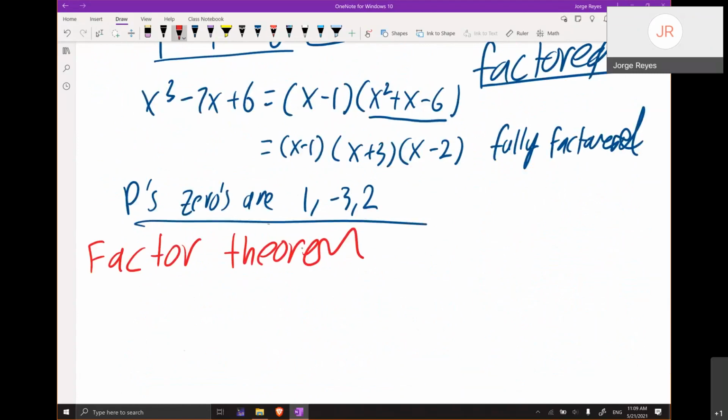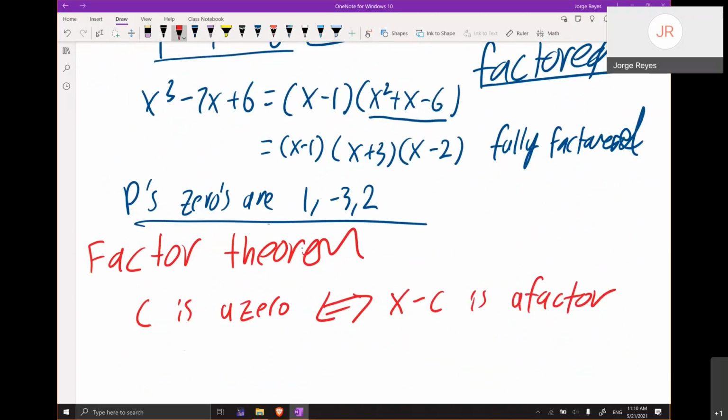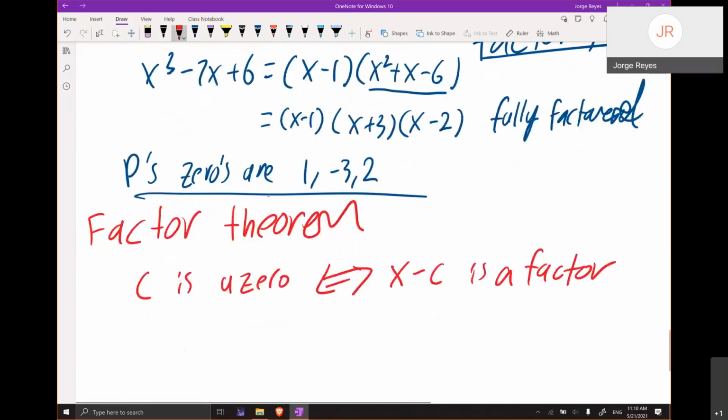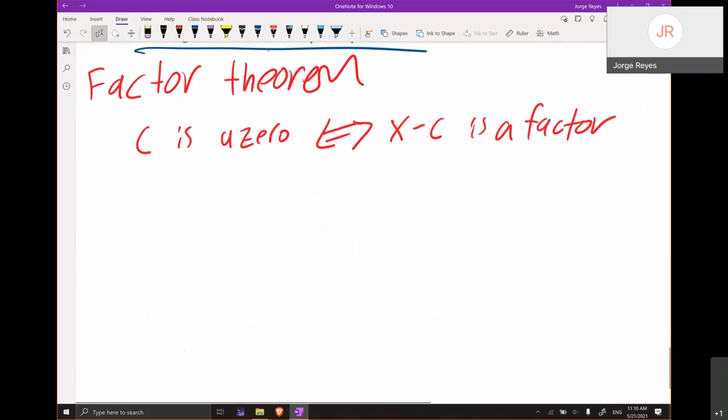The factor theorem says c is a zero if and only if x minus c is a factor. So, useful.